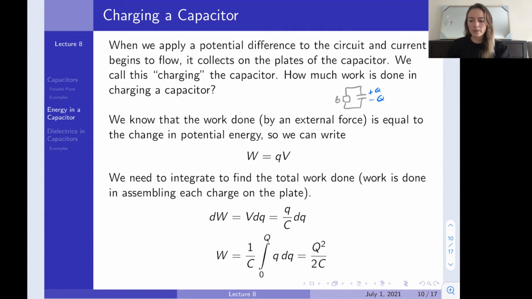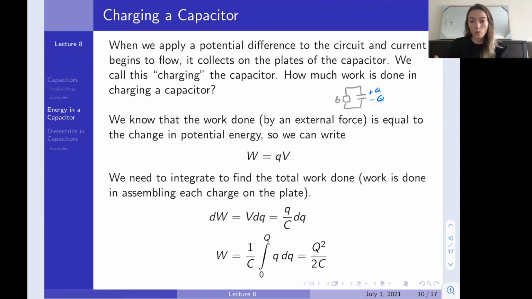Now we learned when we did potential energy that the work done by an external force is equal to the potential energy of that configuration. So the work that I had to do, or the battery had to do, to charge the capacitor is equal to Q times V, where this is the charge and this is the potential difference between our plates.